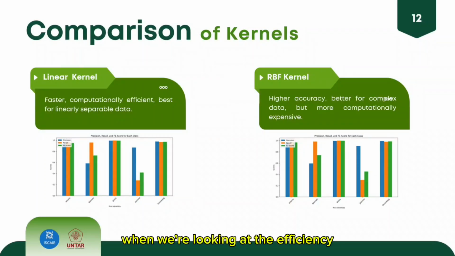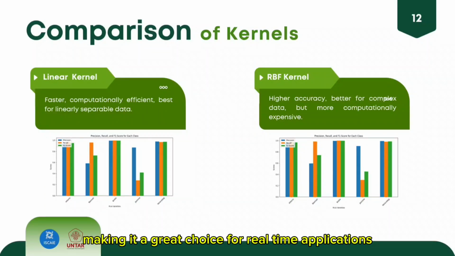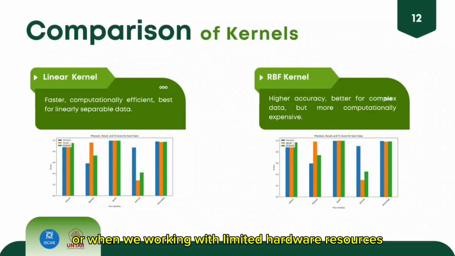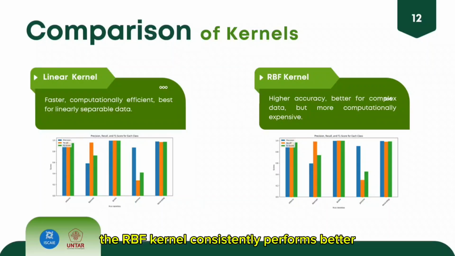When we're looking at the efficiency, the linear kernel is faster and computationally lightweight, making it a great choice for real-time applications or when we're working with limited hardware resources. However, when it comes to accuracy, the RBF kernel consistently performs better, especially for nonlinearly separable data like the rice varieties in our dataset.